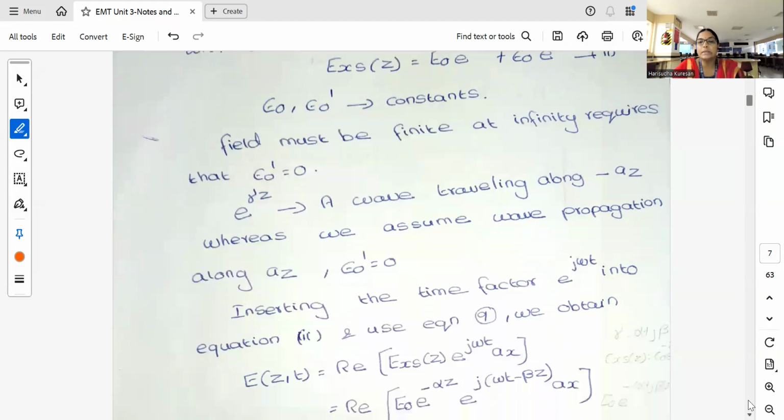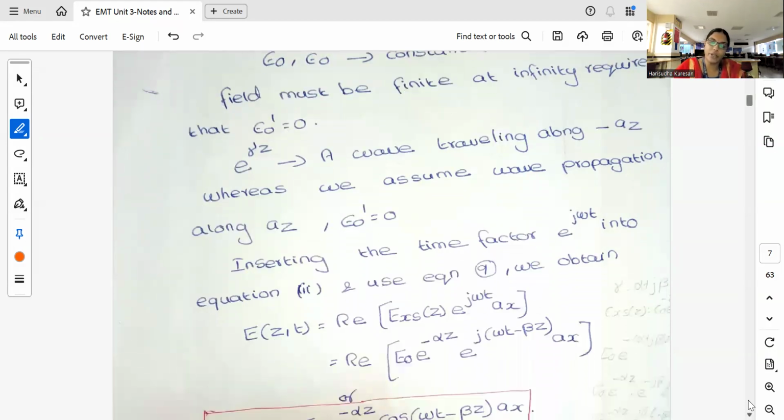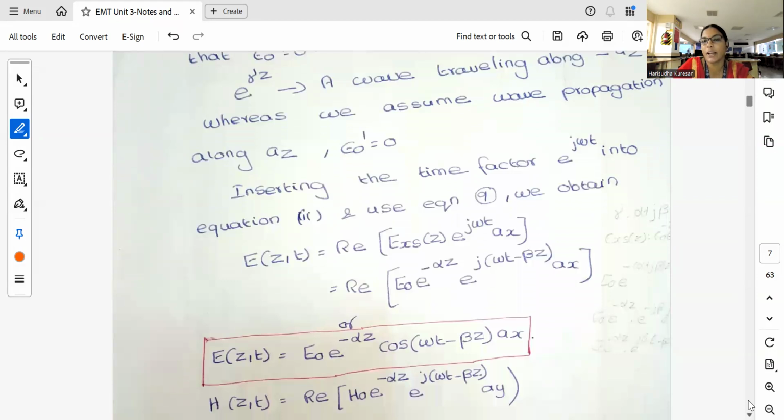We also insert the time factor. Whenever you are writing Maxwell's equations with the time factor, we represent e^(jωt) in the equation.